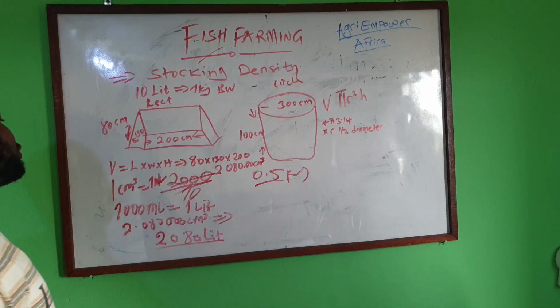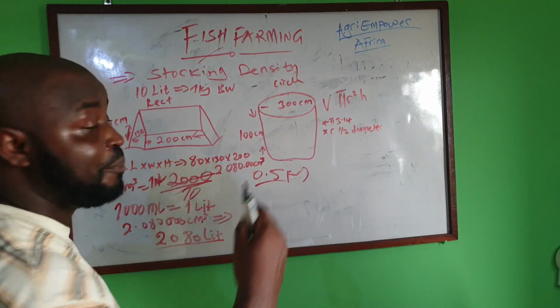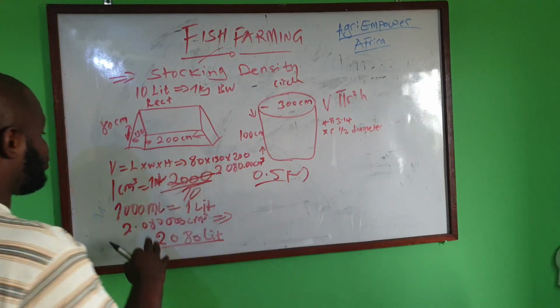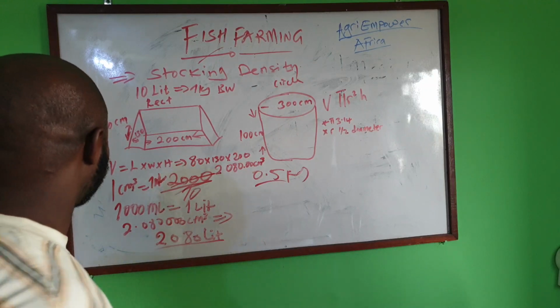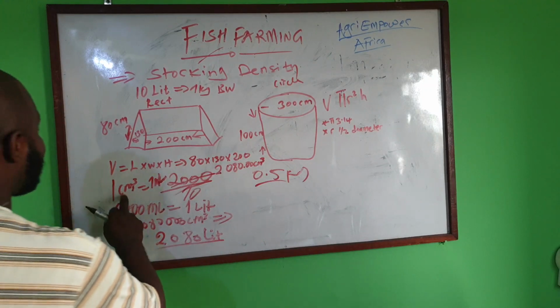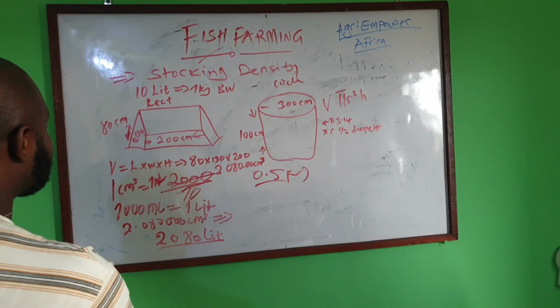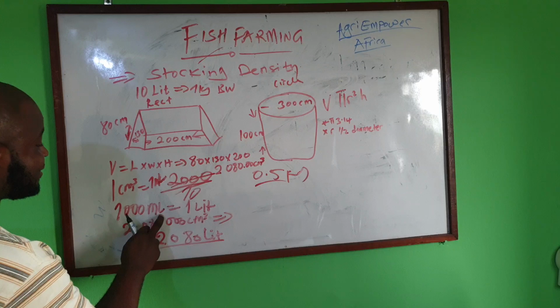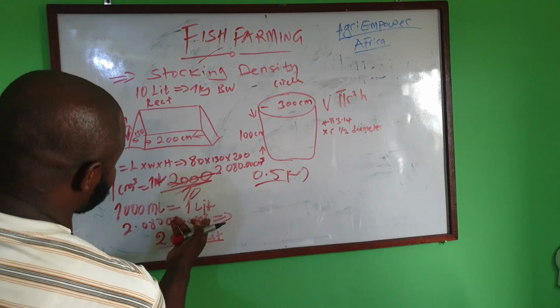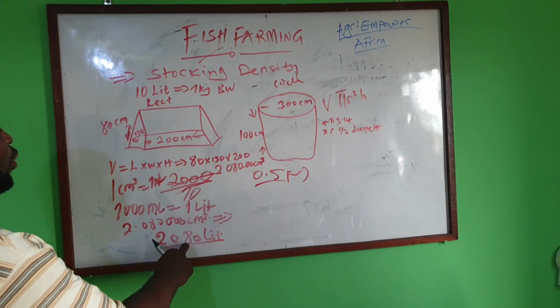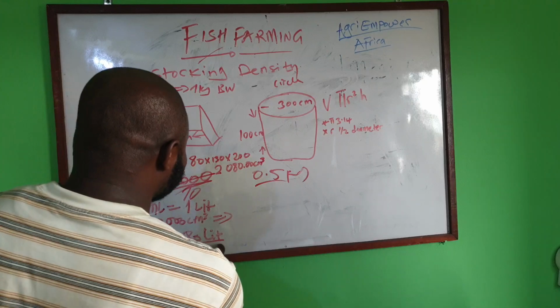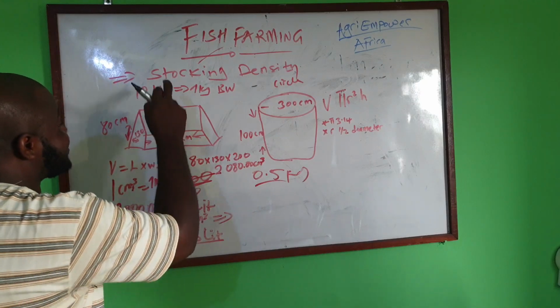Then at the end of the day, you need to convert it. We all know that 1 centimeter cube is equal to 1 milliliter, so if 1,000 milliliter is equal to 1 liter, you convert this and it will give you 2,080 liters of water inside this rectangle.